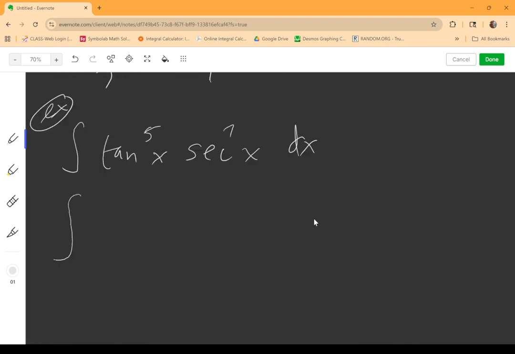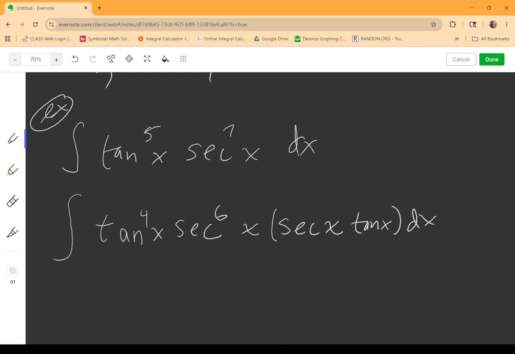So instead of breaking off a secant squared, I'm going to break off a factor each of the tangent and the secant: secant x tangent x dx.